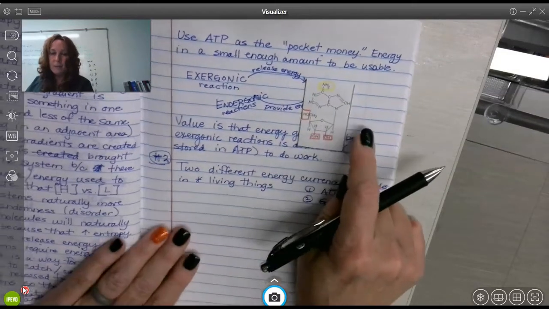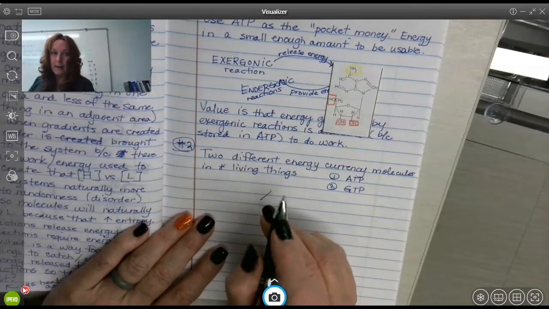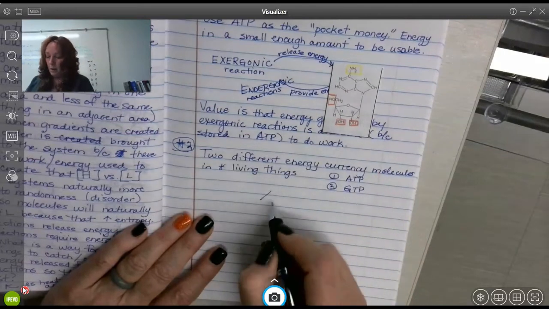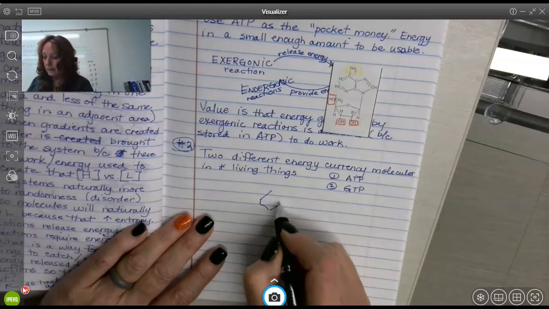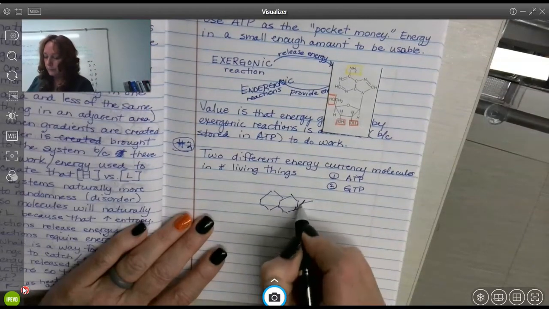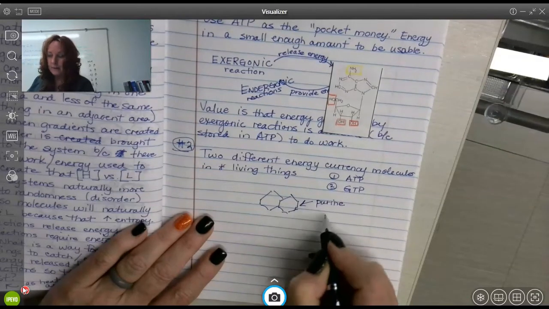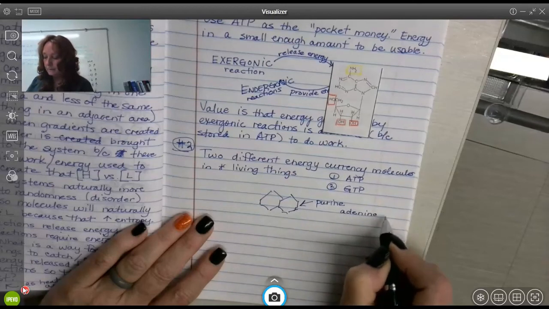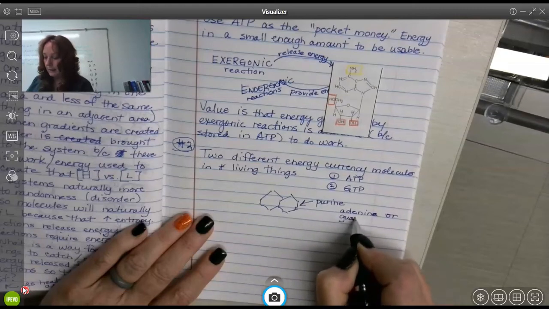So when they say for me to label, I'm going to draw. I'm going to look at this. I'm not worried about that double ring, putting in the double bonds and all of that. I'm just going to allow myself to know that I've got this purine. In this case, it can be adenine or guanine.